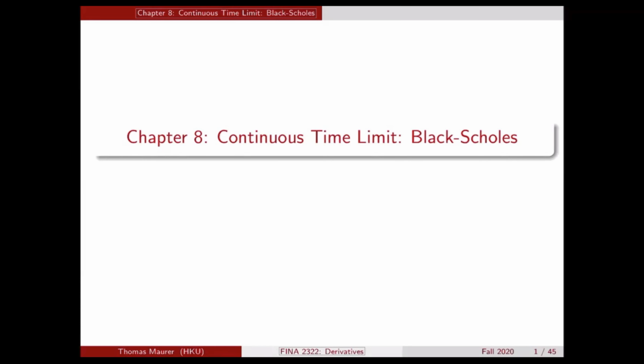Robert Merton did a lot of work in continuous time finance, not only limited to the Black-Scholes formula or option pricing, but also to portfolio choice and others. And so that's why he shared the Nobel Prize with Myron Scholes.